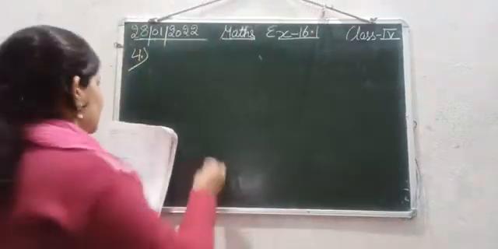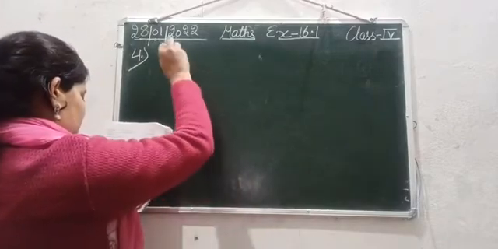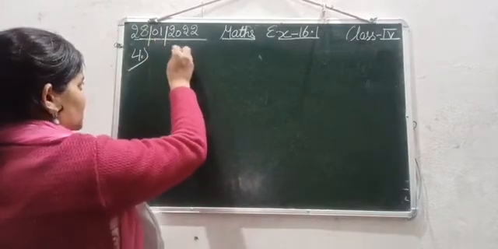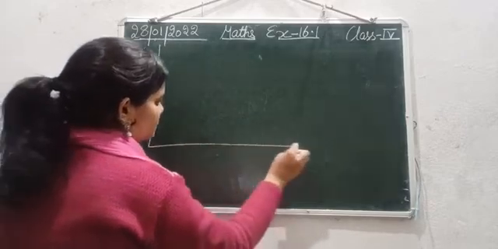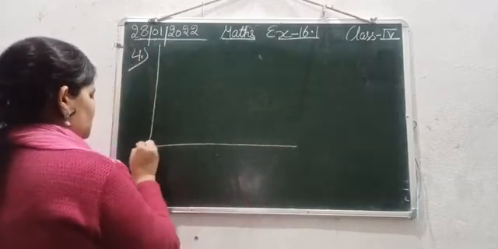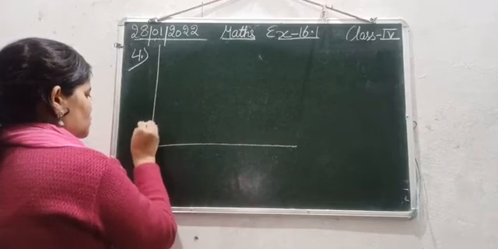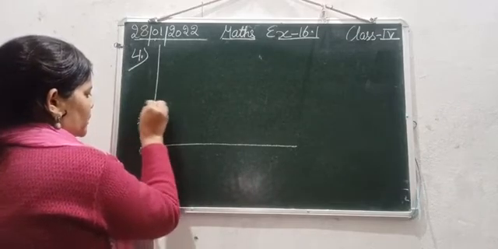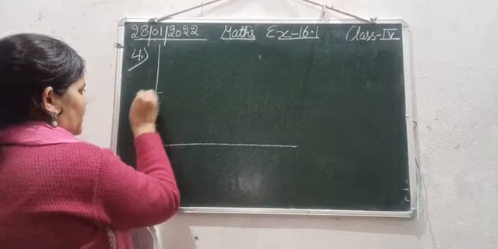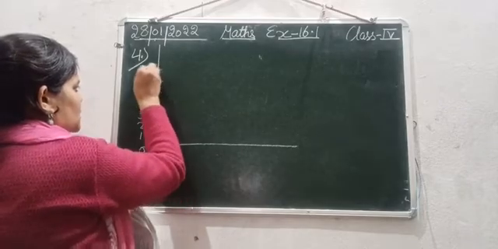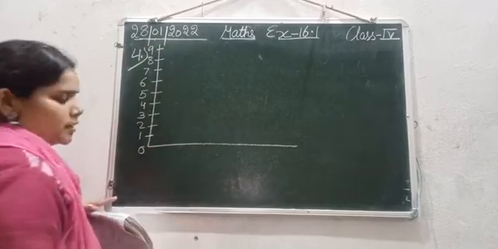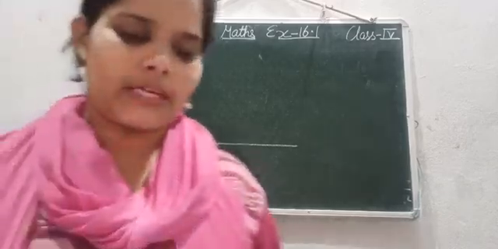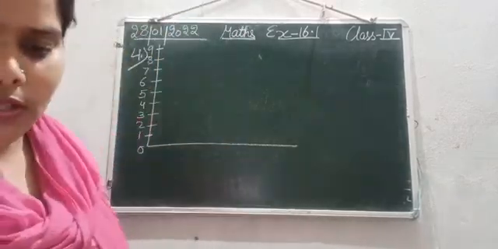It is up to 9 or 10. So this is 0, 1, 2, 3, 4, 5, 6, 7, 8, 9. That is 9.